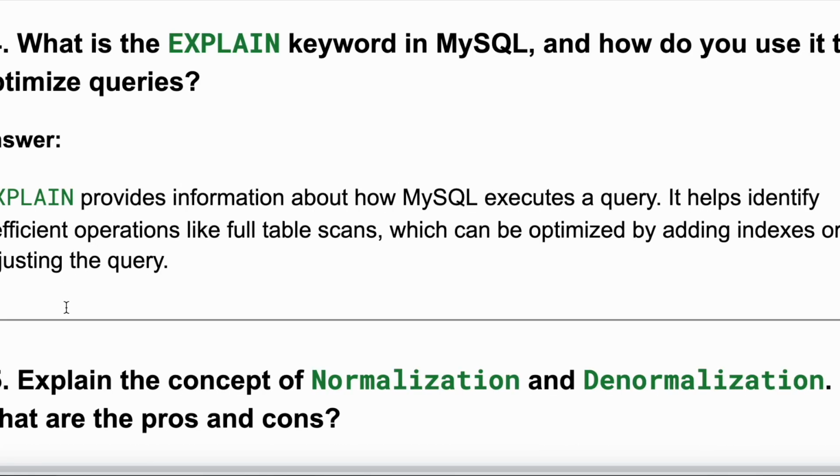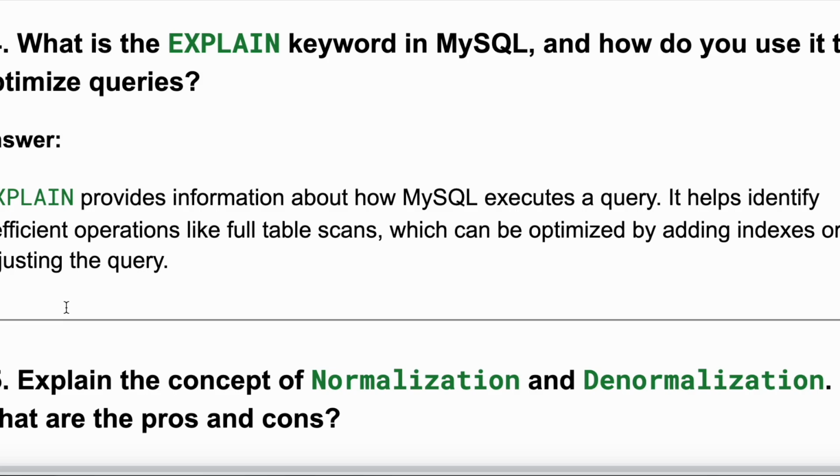And the next question is, what is the explain keyword in MySQL and how would you use it to optimize queries? So explain is a keyword in MySQL that provides information about how MySQL executes a query. Let's say you are executing a query to get the result set and you want to know how this query is getting executed, you can use this explain keyword.